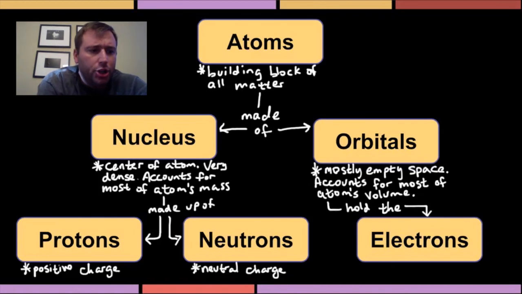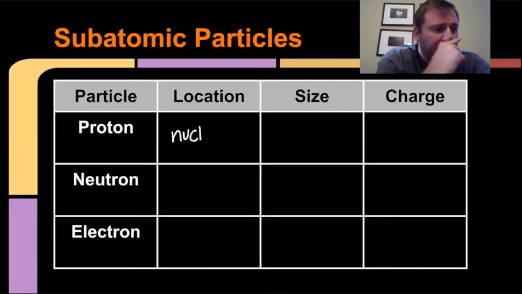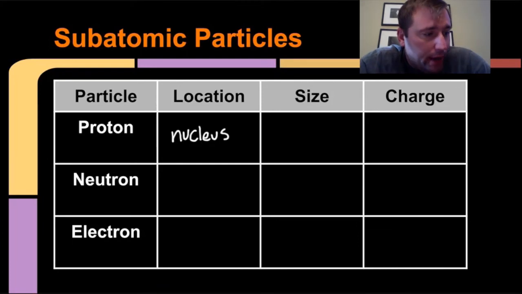Let's fill in the chart that I gave to you guys. We're going to say first that electrons have a negative charge. Okay, so now let's fill out that chart that you guys got for your notes. So the location of the proton is the nucleus.